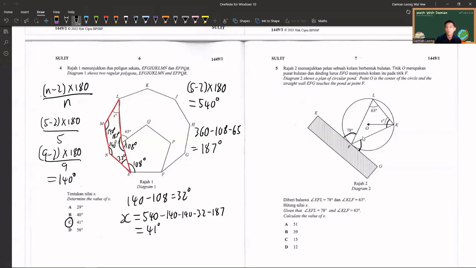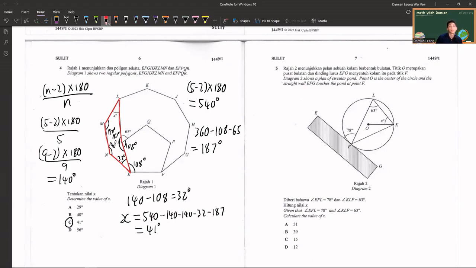Okay. Lepas tu, kami perlu mencari nilai sudut bagi X ini. So if we leave it as it is, it's very hard for us. We cannot even find. Okay, so we have to add a line.